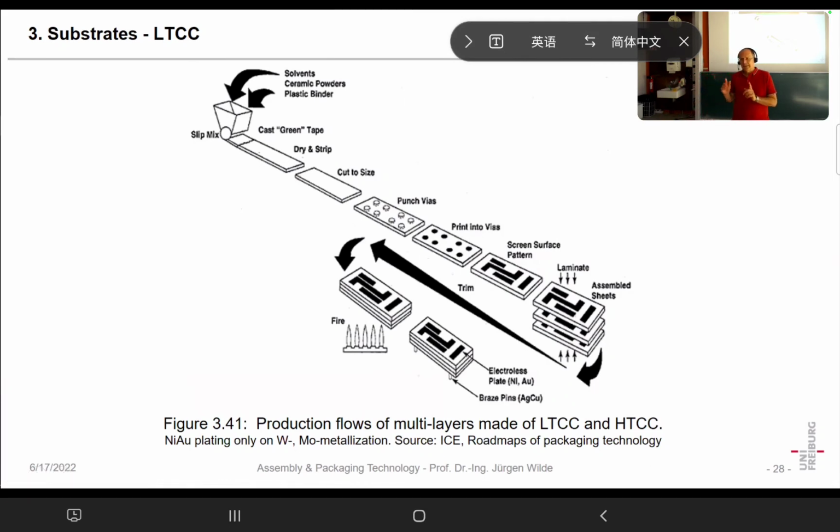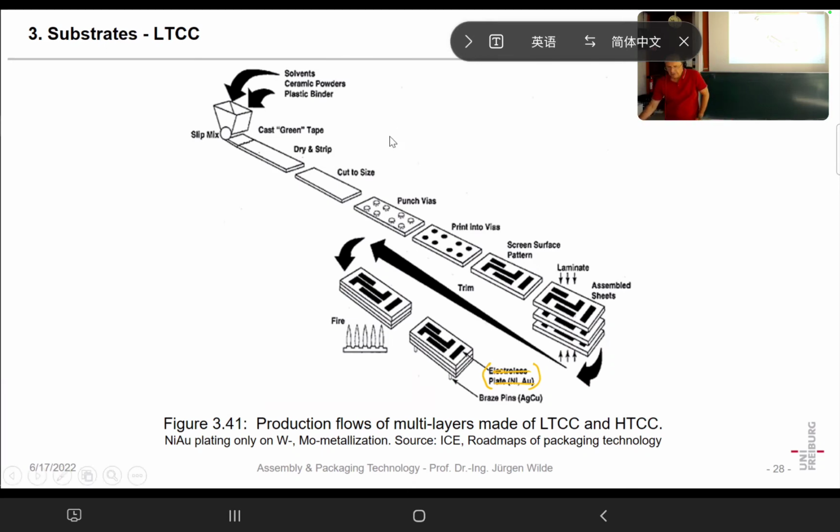Normally, LTCC doesn't have to be electroplated. The reason is that we already have noble metals. So if we would have some material like tungsten or molybdenum, then we need to electroplate. But here it's not really necessary.